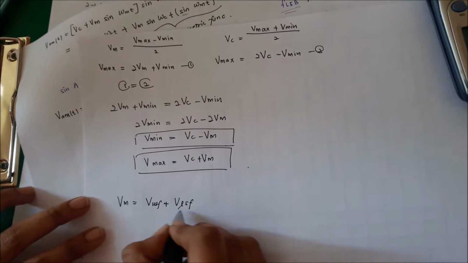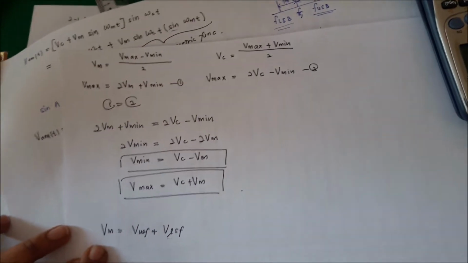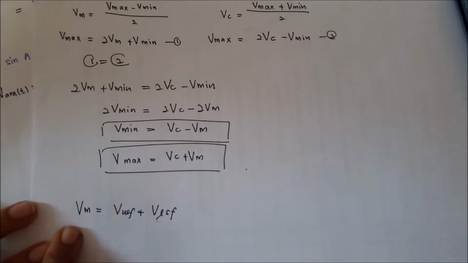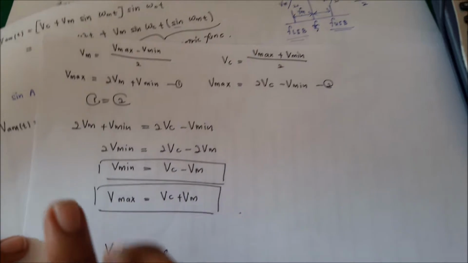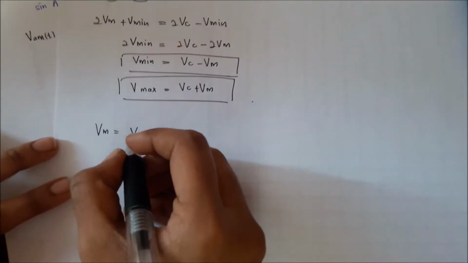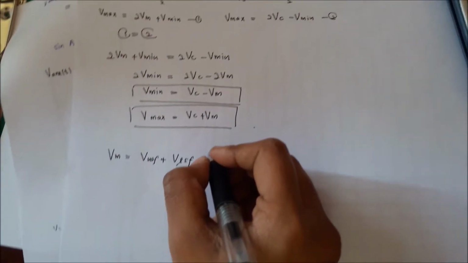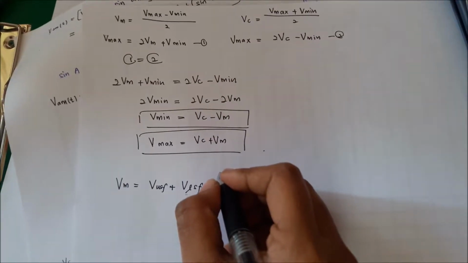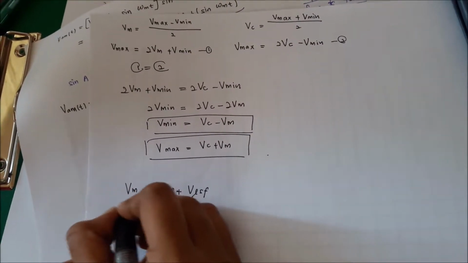It is the upper side frequency and lower side frequency. If you add them together, you're going to get your Vm. As you know, each sideband component is always Vm over 2.